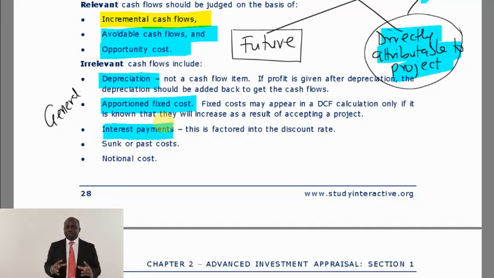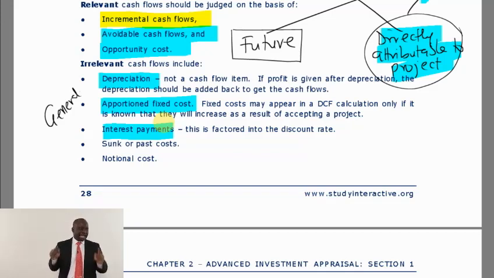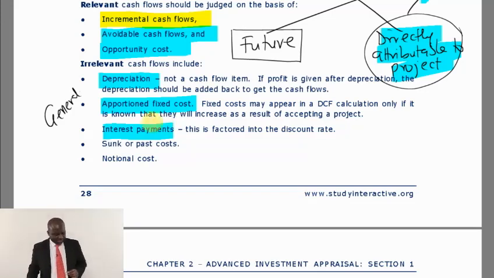And that cost of capital to you is what you are using as the discount factor. So if you use the interest as a discount factor and you also use it as part of the cash flows, you have duplicated the interest element. So interest can only be included as part of the cost of capital, but not as part of the cash flows.